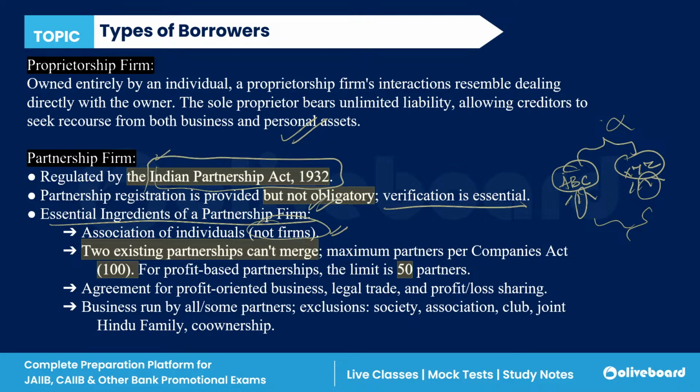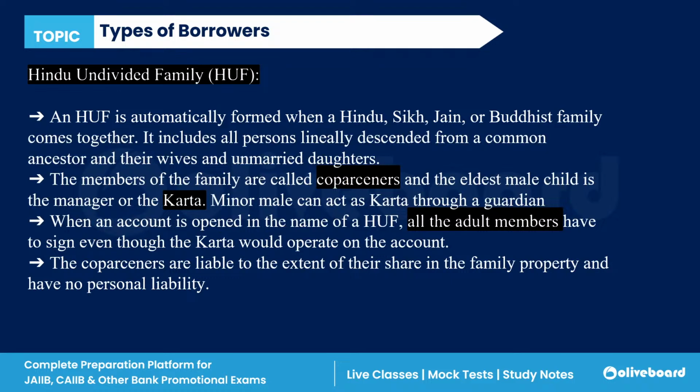And the limit for the partners in a partnership firm, if it is a profit-based partnership, is a maximum of 50 partners, right? Now, if we talk about the Hindu undivided family, what is a Hindu undivided family? A Hindu undivided family is automatically formed when Hindu, Sikh, Jain, or Buddhist families come together.